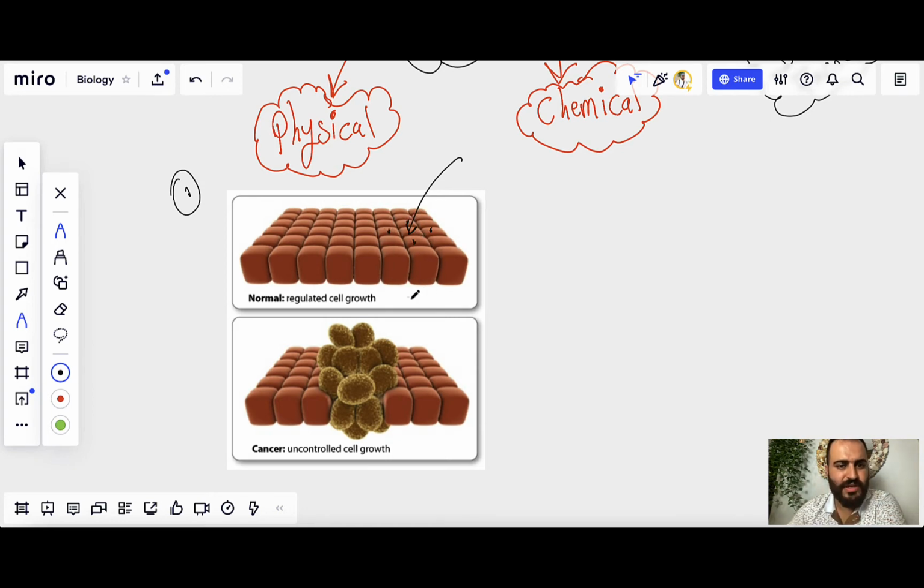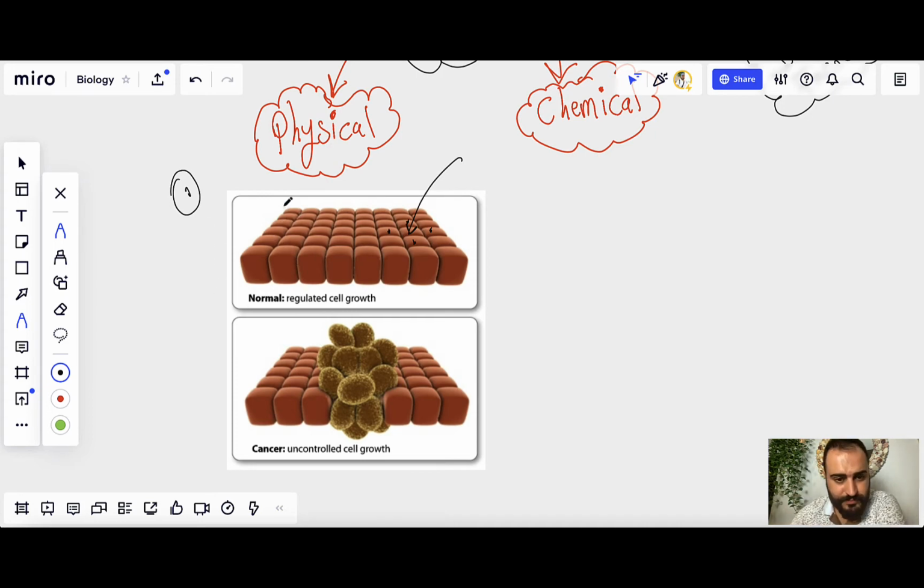And this one is connected to 4 cells. Physical factors will either allow the cells to divide if there is enough space for them to divide in a plane or one layer. If there is not enough space, the cell cycle will halt or stop.